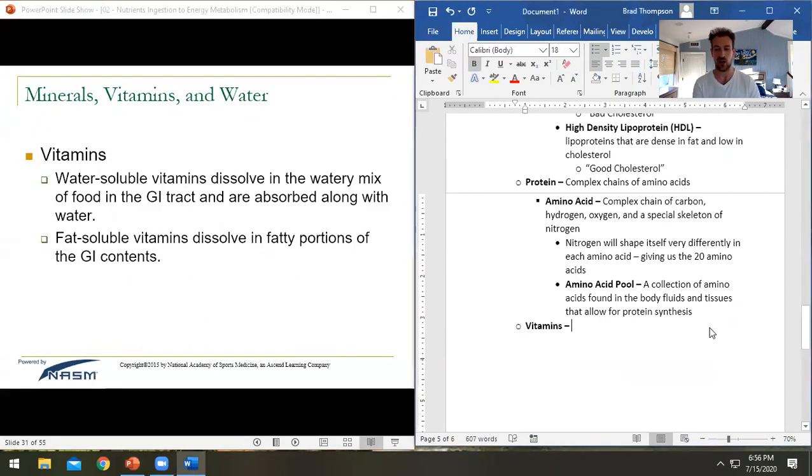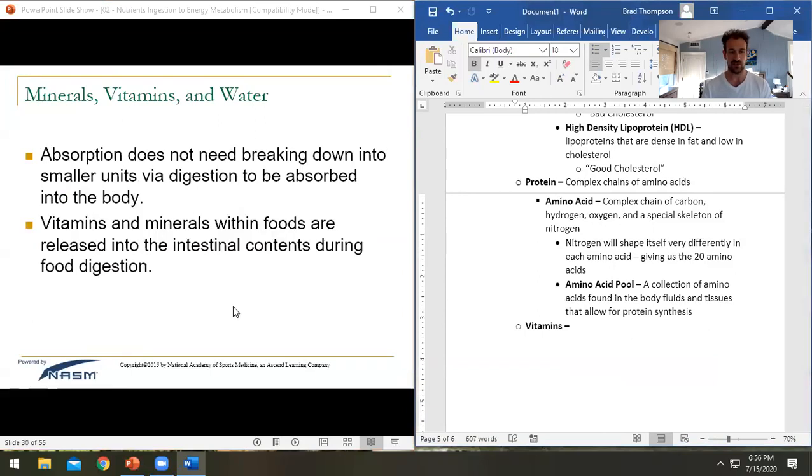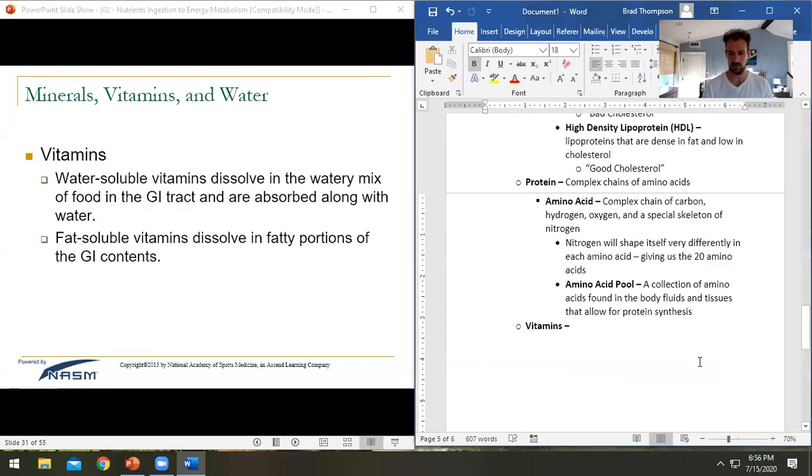So vitamins are materials, similar to proteins actually, that are responsible for aiding in certain metabolic processes. Now, like I said, you have your water-soluble vitamins, which we'll do more talks on in a few days here.